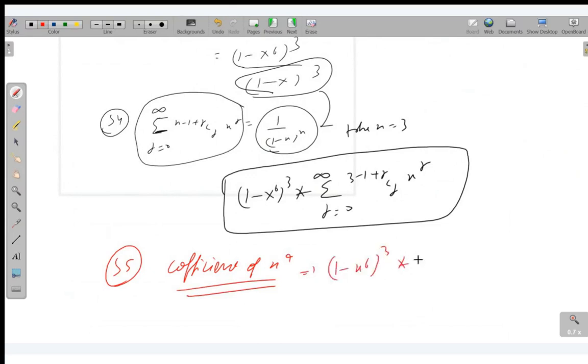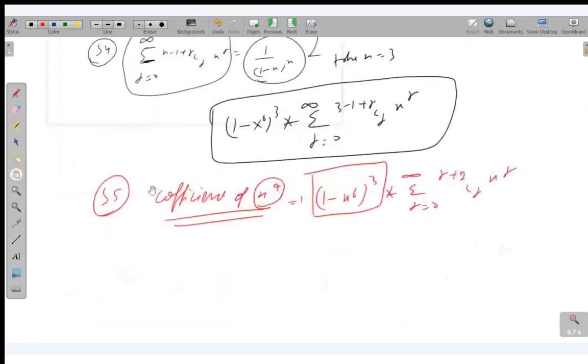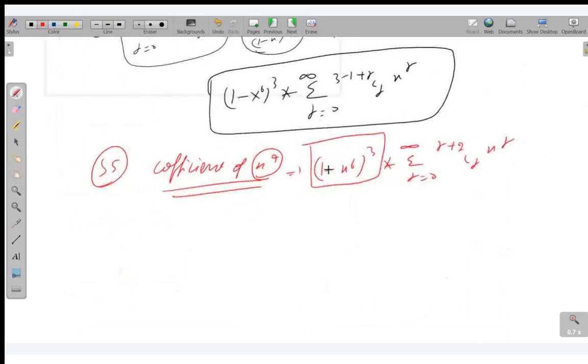So (1 minus x cube) multiplied by sigma r equals 0 to infinity (r plus 2)Cr x power r, and I want to find the coefficient of x power 9. So this is a cubic expression, so I have to apply the formula: (a minus b) cube, a cube, that means 1, plus b cube, that means x power 18, minus 3ab, 3 into x power 6 into (a minus b).